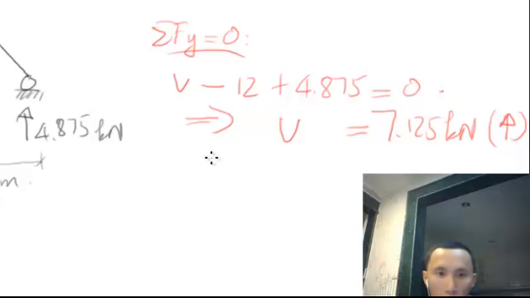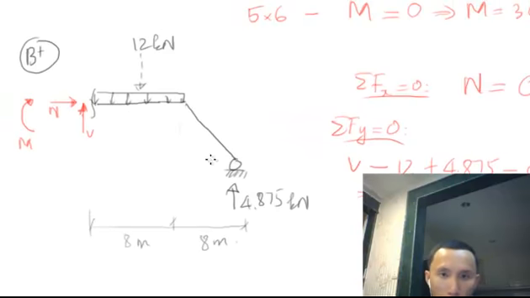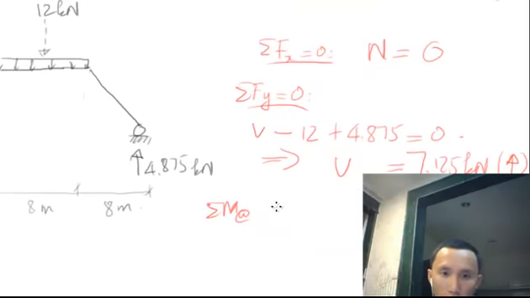Now last one is going to be M. I'll take sigma moment at somewhere, so which point? Again, up to me, I will take the cut point, because this one cancels, we have this one and that one, and the moment unknown, so we can find moment. So I'll take moment at cut equal to 0.